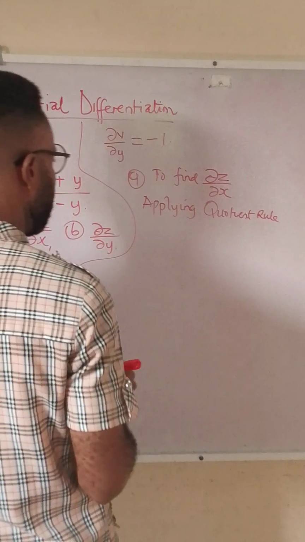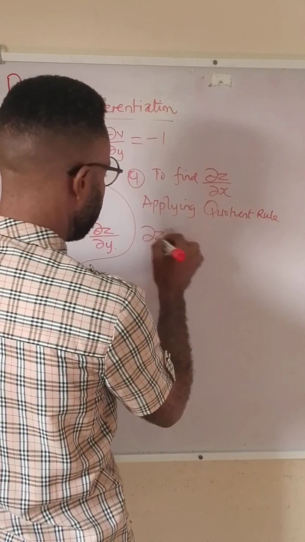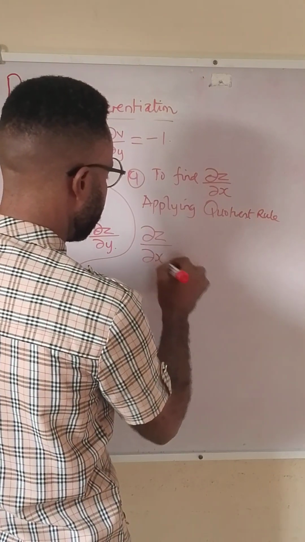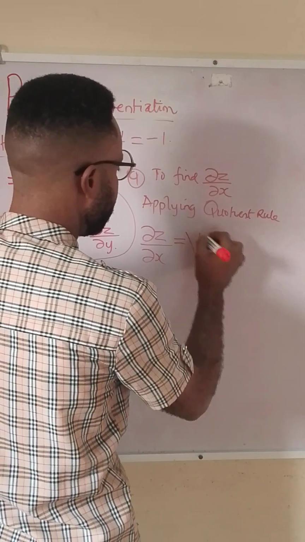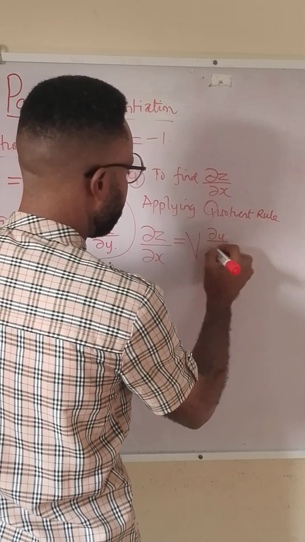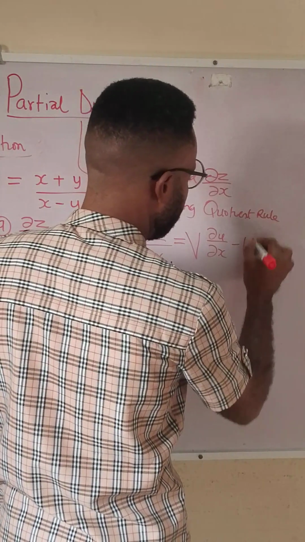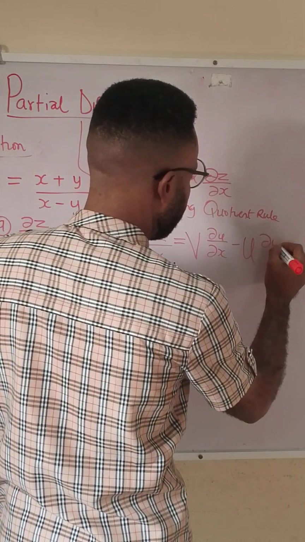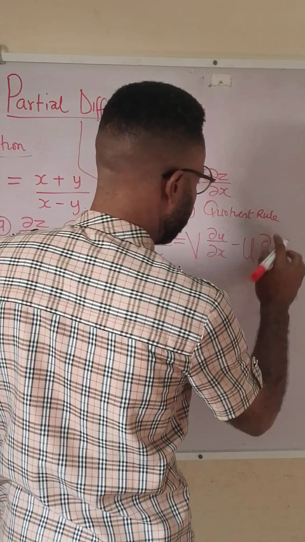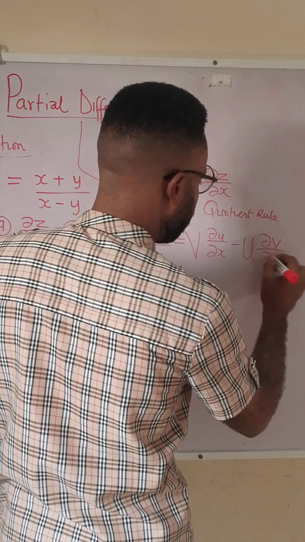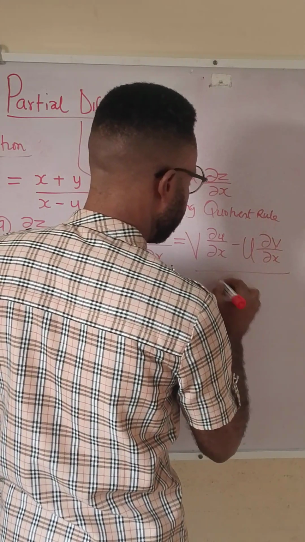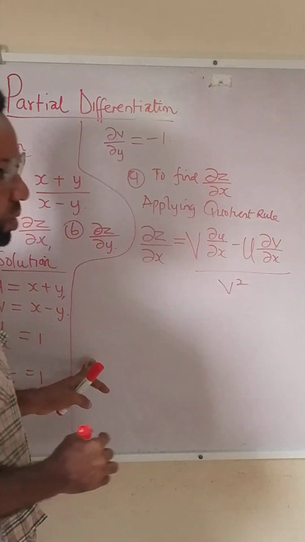The partial derivative dz over dx will be equal to v times the partial derivative of u with respect to x, minus u times the partial derivative of v with respect to x, all over v squared. That is what we are going to have.